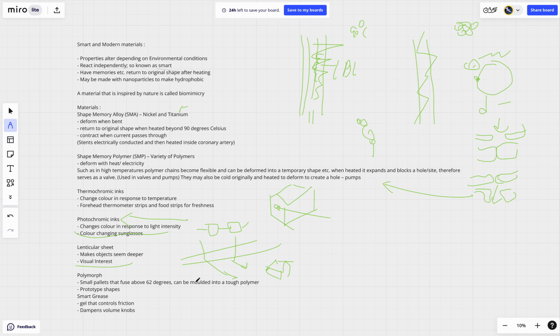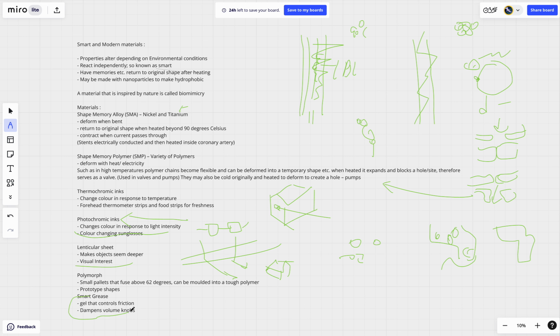And polymorph are small pellets consisting of monomers or less long polymers that you fill up in a mold and you heat, and they become a very tough polymer, which means it can withstand blows, if you remember. So it helps to model some tricky shapes like car handles.